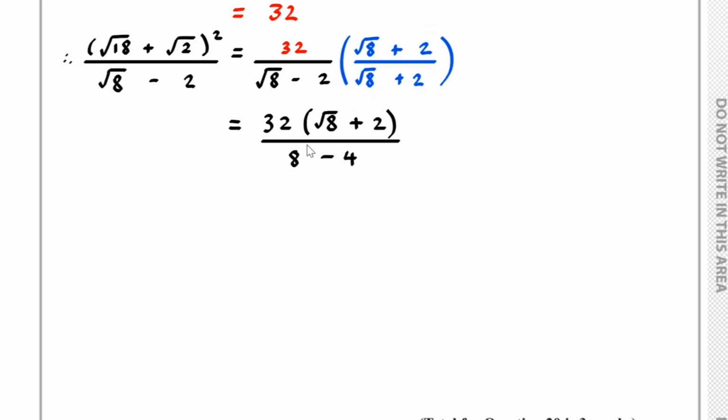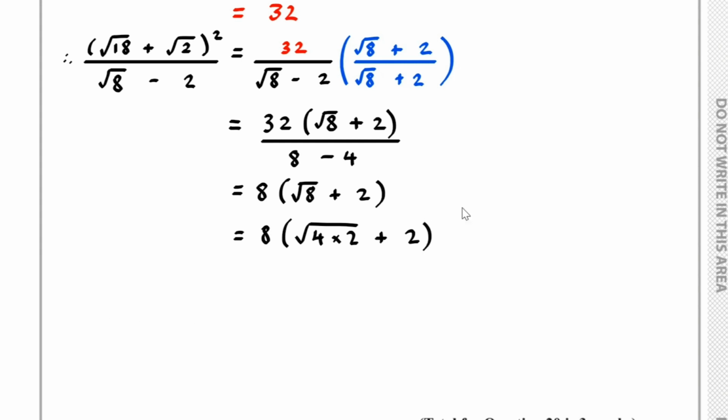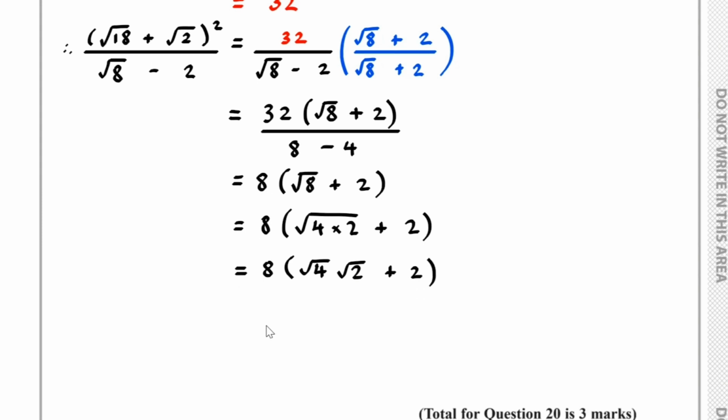32 divided by 4 is 8, so I have 8 multiplied by root 8 plus 2. Now root 8, that's the same as 4 times 2 square rooted, and then we're adding on 2. So I've got root 8 multiplied by root 4 times root 2 plus 2.